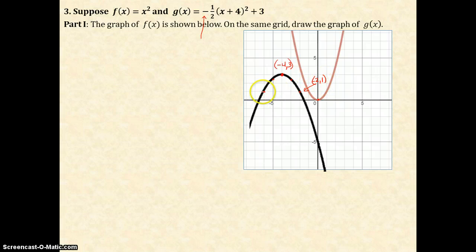You should always label your points on a test. This is -6, 1. -5, 2.5. And then this is -3, 2.5.